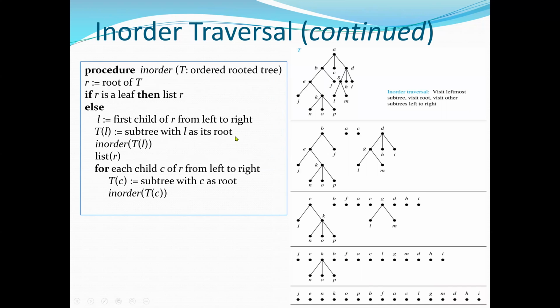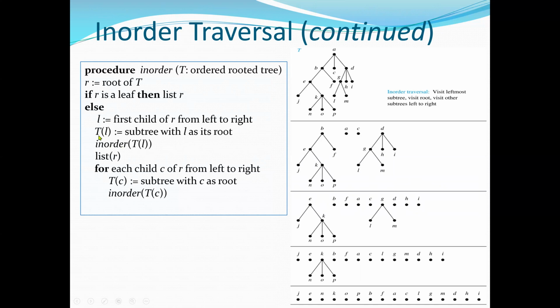So let's see the example again. Also, we have the algorithm for in-order. In-order means we are using recursion also. So our base case will be: if we have a tree with only one node, which is the root, then we are going to visit the root. We return R if R is a leaf. Otherwise, we need to go to the first left child of R, from left to right.